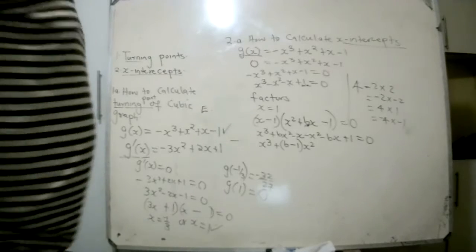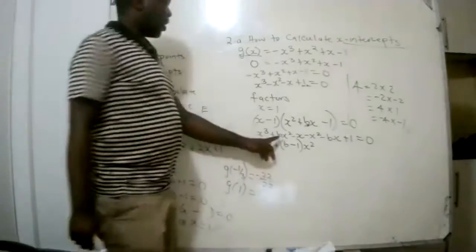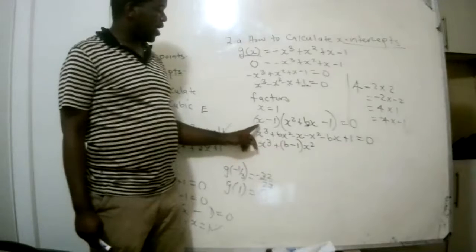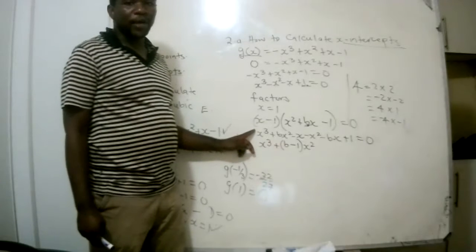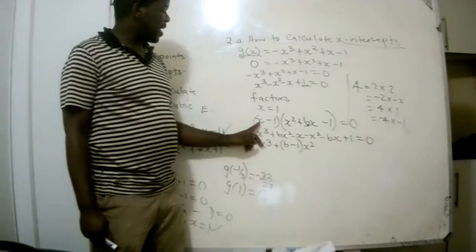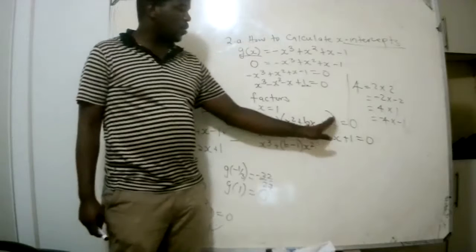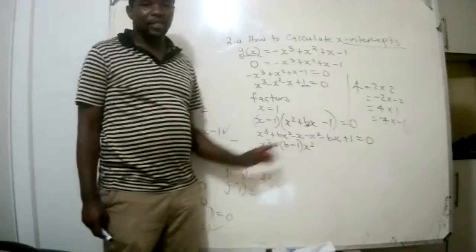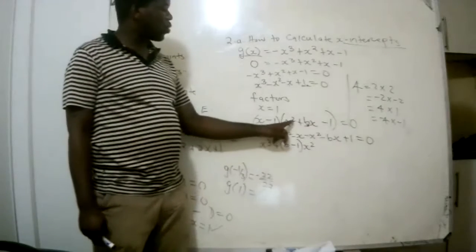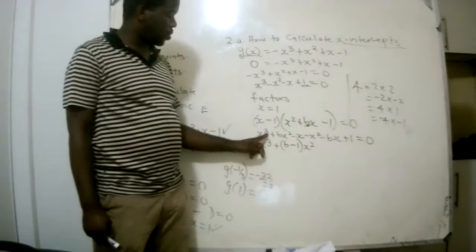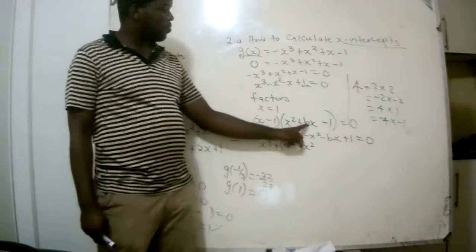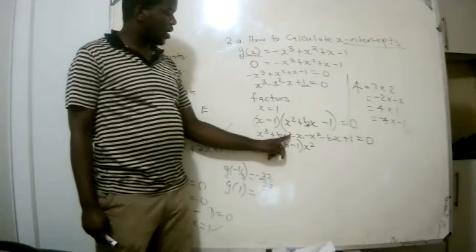Let's go further. Now let me explain this part again because it's very important. This x must multiply everything we have in the second big bracket. So we multiply x with x squared, we obtain x cubed. We multiply x with bx, we obtain bx squared.